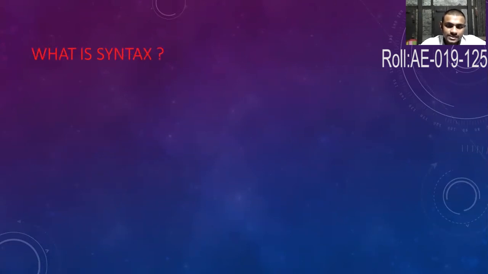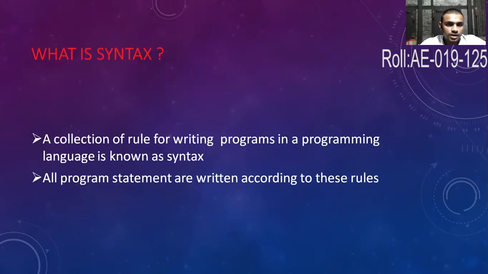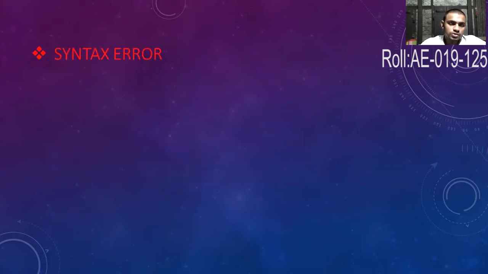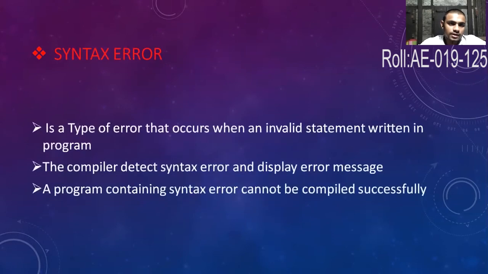So what is syntax? A collection of rules for writing programs in a programming language is known as syntax. All program statements are written according to these rules. Syntax errors are mistakes in the source code, such as misspelling of an instruction, mnemonic, or failure to declare a label before using it in the program.